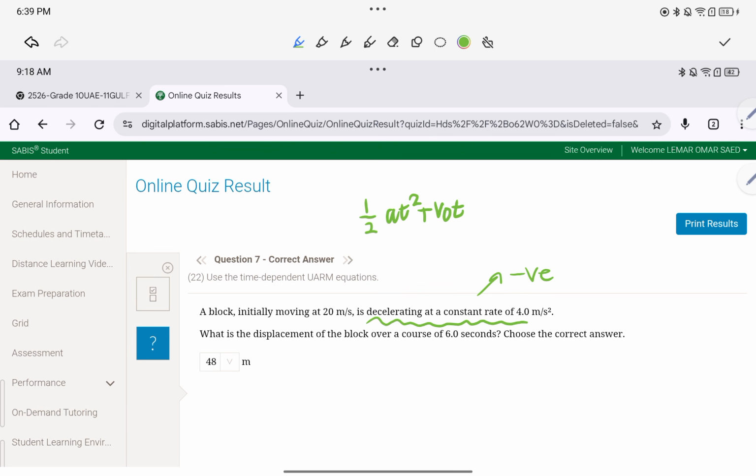The acceleration is negative, so 1 over 2 times negative 4 times t squared. T is 6 squared plus v0, v initial is 26. You will get 48.